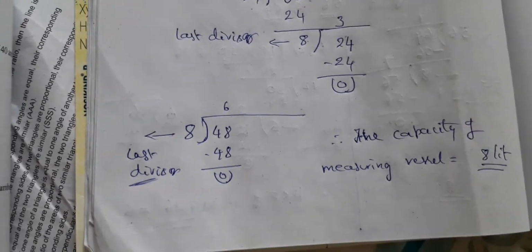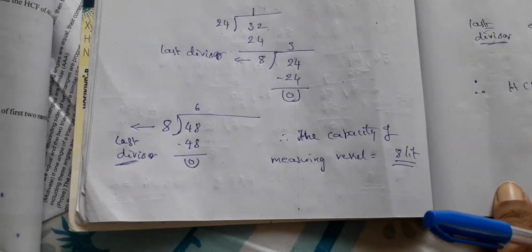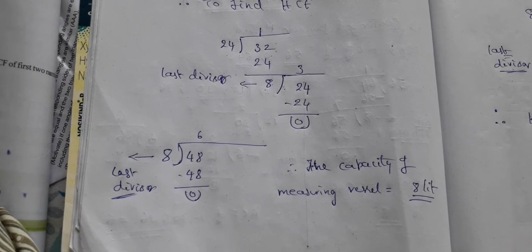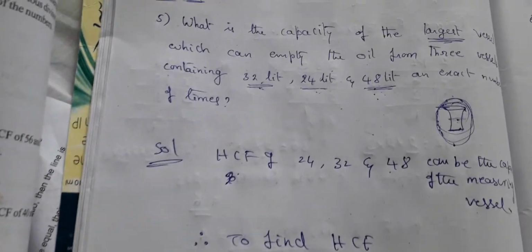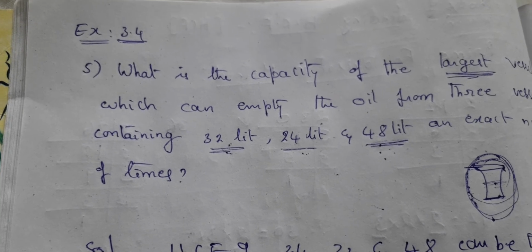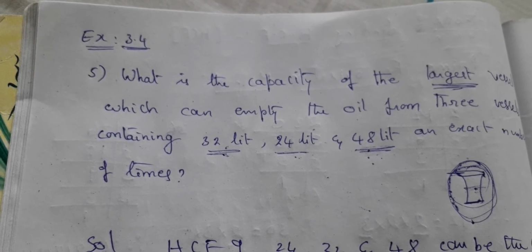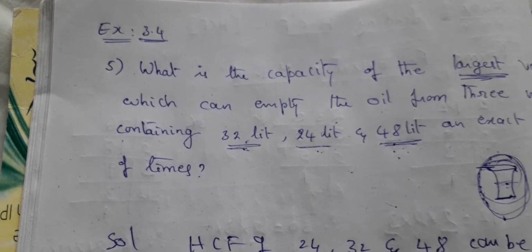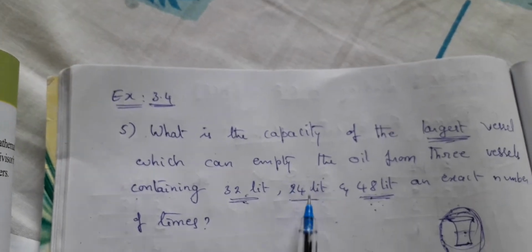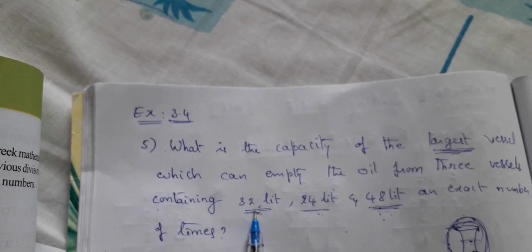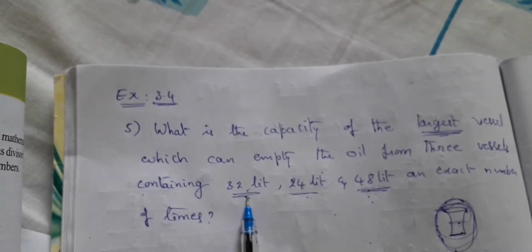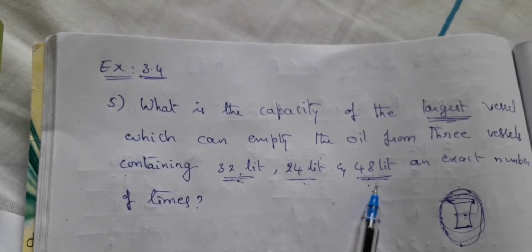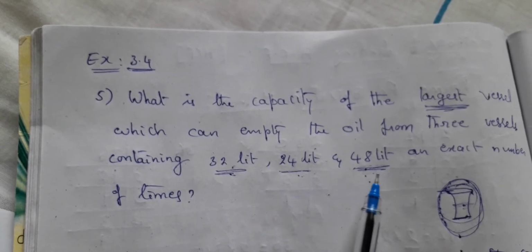If you take an 8 liter vessel, it can divide all these, that means it can measure all the 3 exactly. Like see here, 32, 24, 48. If you take 8, 3 8s are 24, so 3 times measuring is enough. Then 4 times for 32, and 6 times for 48. So an 8 liter vessel can exactly measure the quantity from all these 3 containers.